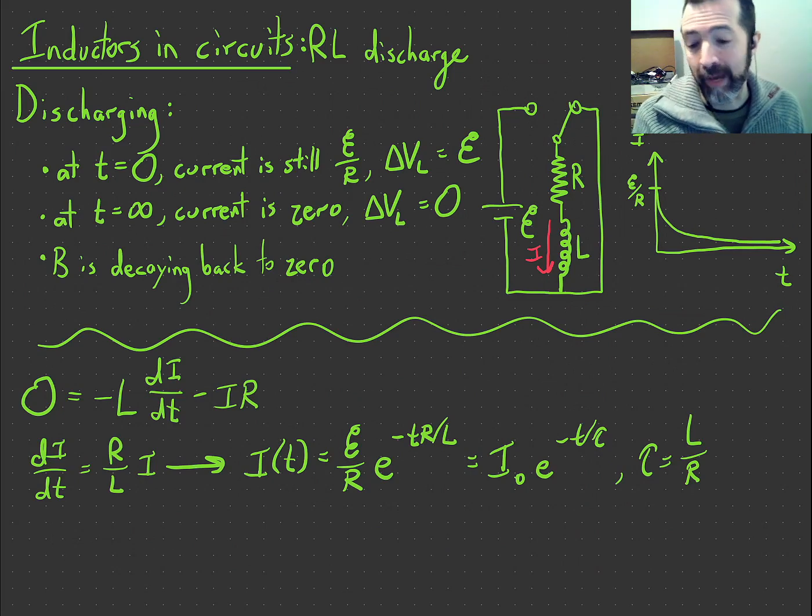So again, the magnitude of that current at time 0, instantaneously only, is the same value that it previously had. I know that it was moving at E over R, and so I still have that same current. And the only way for that to be the current is if the potential difference on the inductor is equal to the EMF of the battery that I just removed.